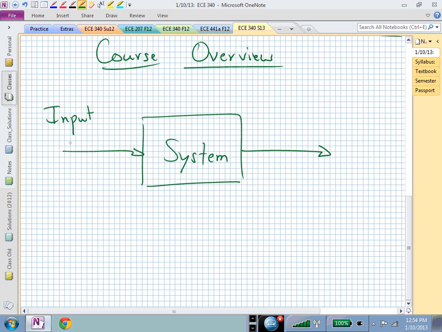Here's the input, and that could be single input, it could be multiple input, but in this class we'll concentrate primarily on single input systems. The textbook may label those as x of t. That now is applied or gets injected into this system, whatever that is, and produces an output signal.